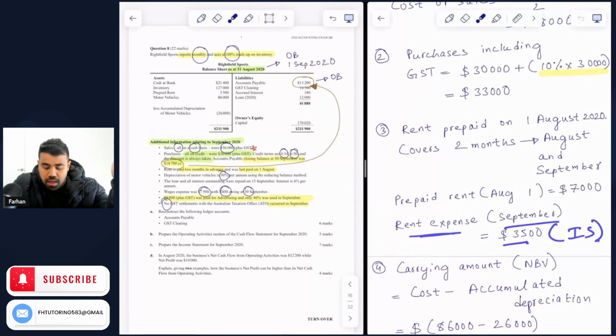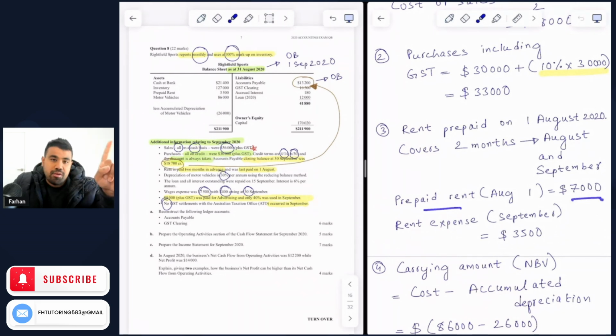Okay. Now, how do we know prepaid rent is $7,000? Think about it. We paid rent in advance for 2 months, covering August and September. At the end of August, we had $3,500 remaining in prepaid rent, which was consumed in the month of September. All right. So what does that tell you? That means each month, the rent that we pay is $3,500.